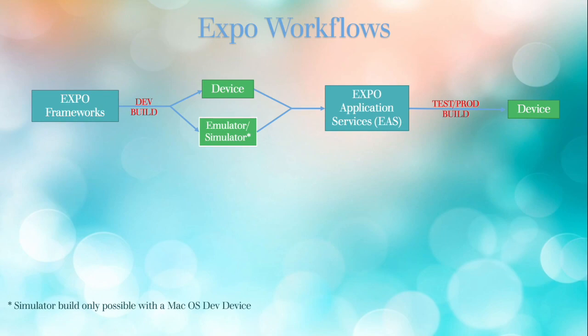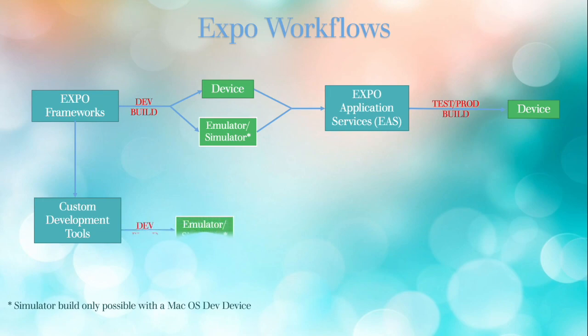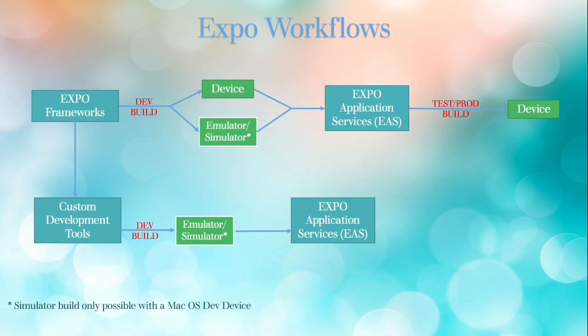Now, as I showed earlier in the video, we will take the basic Expo install and add the custom dev clients to it. Here, as in basic Expo, you have the emulator/simulator option to debug your dev build. And then again, same as the basic Expo, you will utilize EAS for test and prod builds.